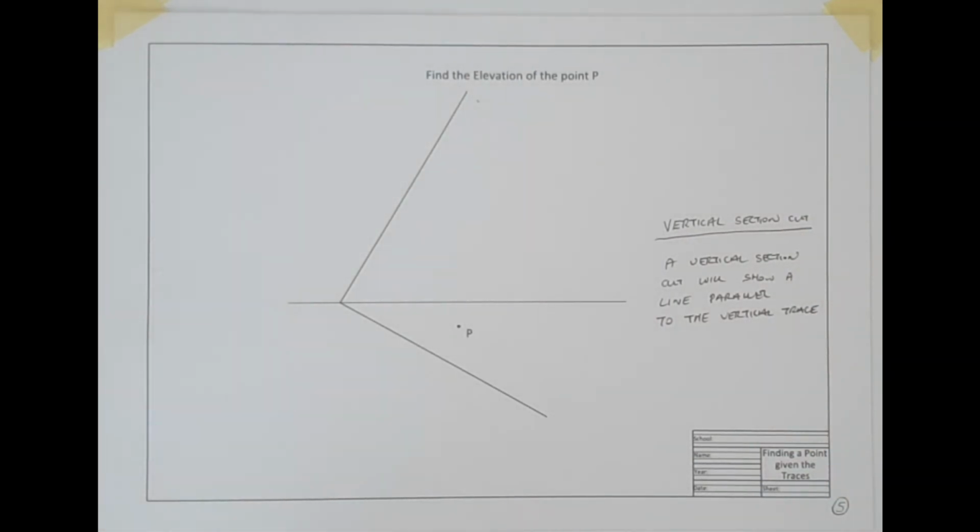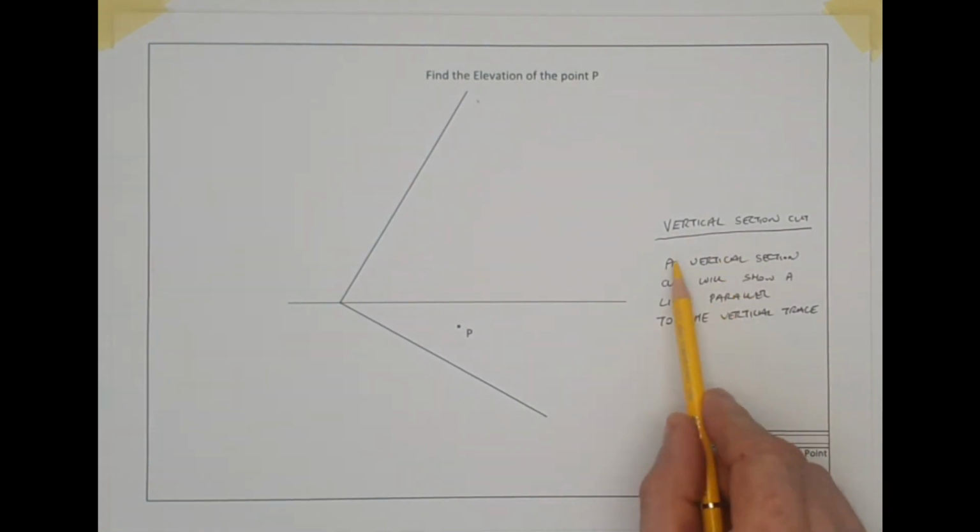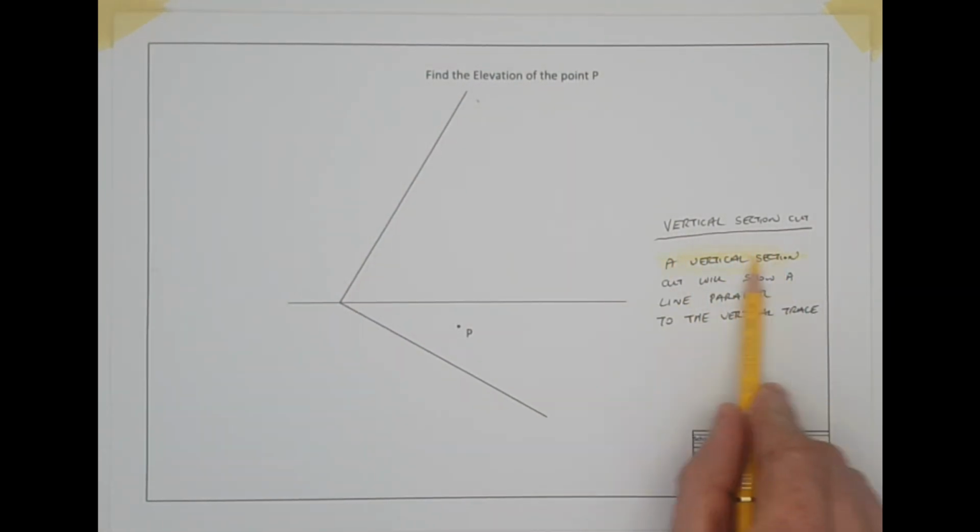So there's a little bit of theory in this one. A vertical section cut will show a line parallel to the vertical trace.